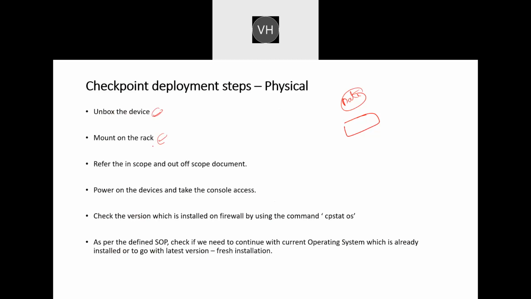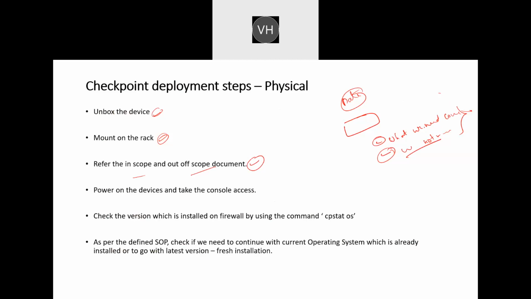Then we have to refer to the scope document. The in-scope and out-of-scope document says what we need to configure, which is called in scope, and what is not required, which is called out of scope.